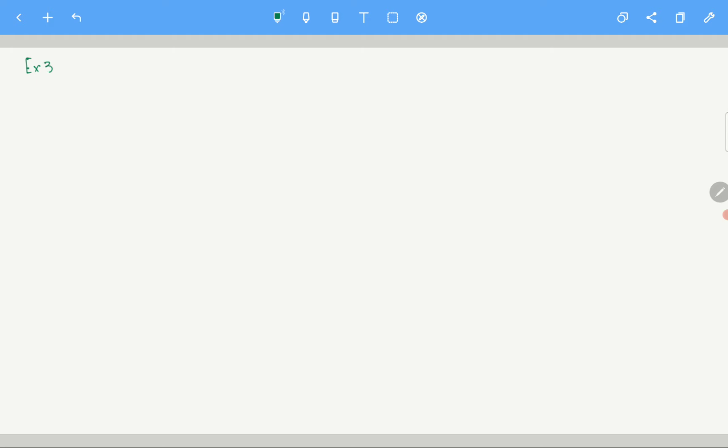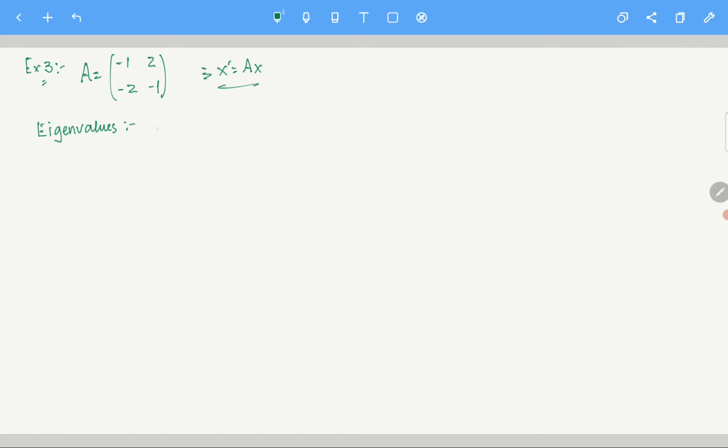So example 3. I am choosing A to be [minus 1, 2; minus 2, minus 1], and our problem is x prime equals Ax. First thing first, you look at the eigenvalues.